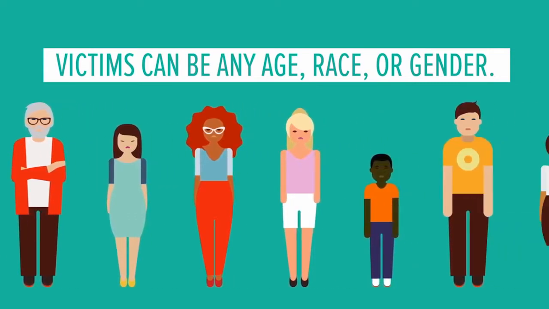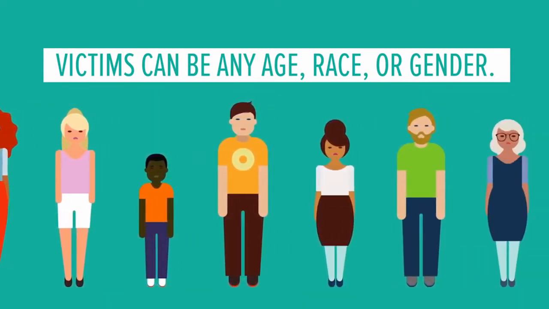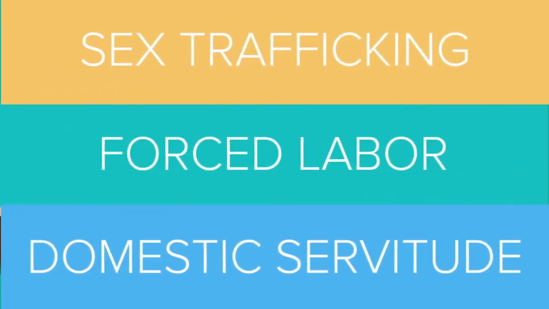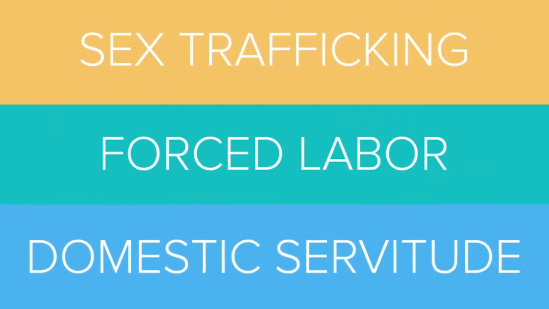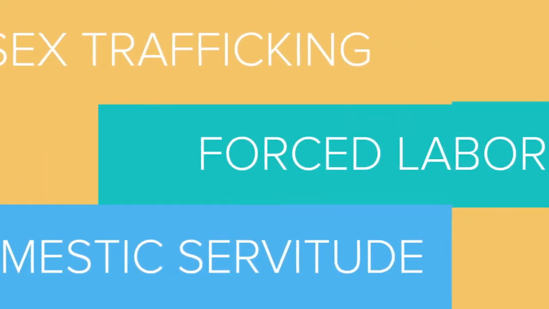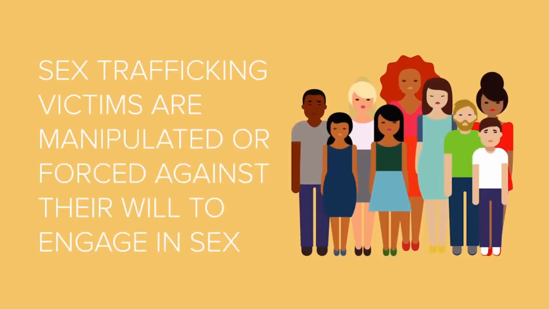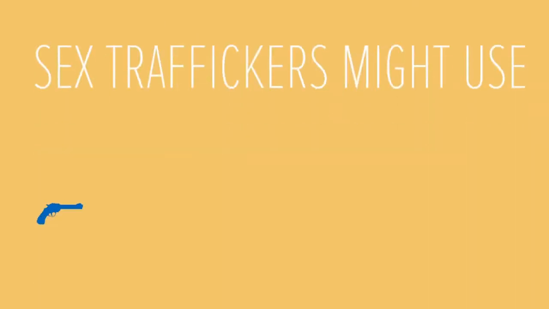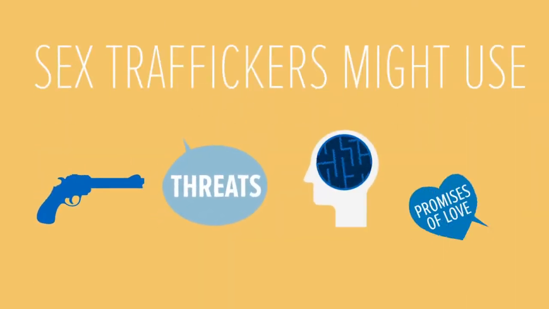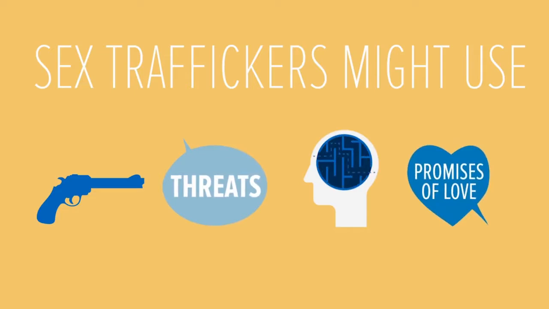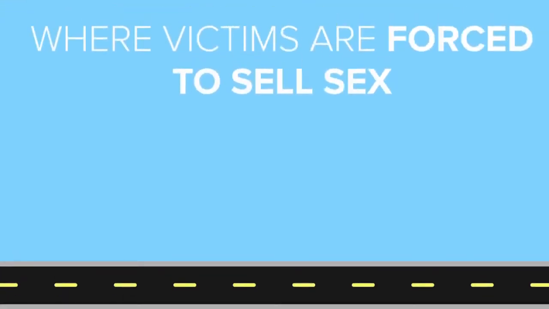There are different types of human trafficking, including sex trafficking, forced labor, and domestic servitude. Sex trafficking victims are manipulated or forced against their will to engage in sex acts for money. Sex traffickers might use violence, threats, manipulation, or the promise of love and affection to lure victims.